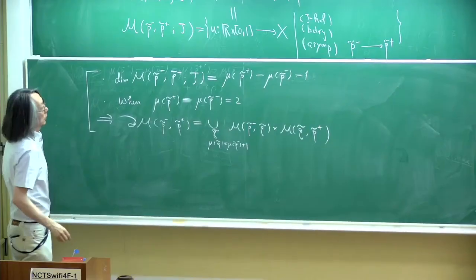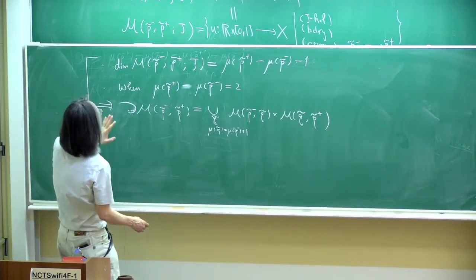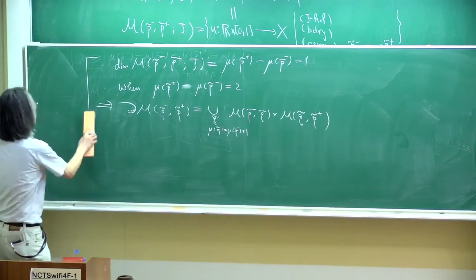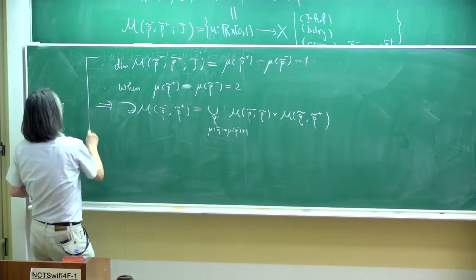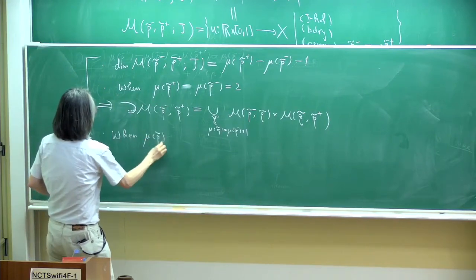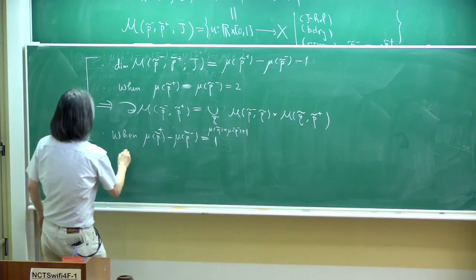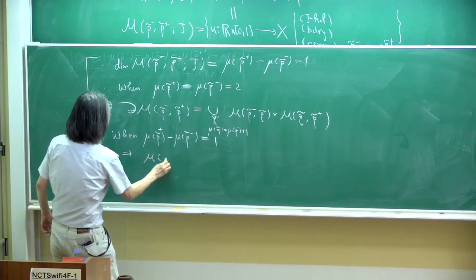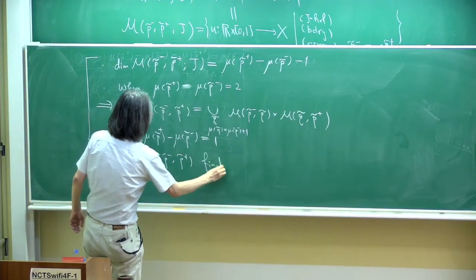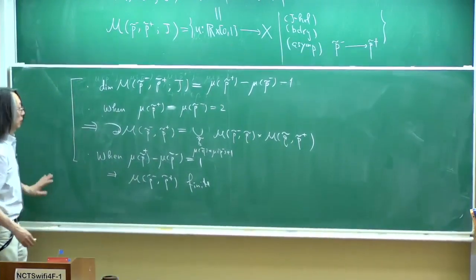If you have these properties, and also one more condition: when mu(p tilde plus) minus mu(p tilde minus) is equal to 1, then this M(p tilde minus, p tilde plus) is a finite set of points, which actually cut out transversally somehow.